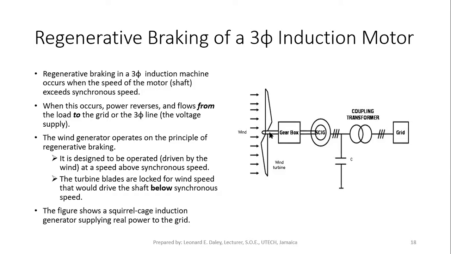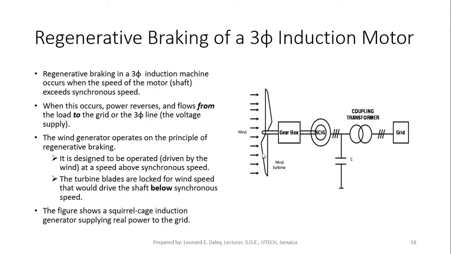Now the wind generator is an induction machine, and it operates basically off the principle of regenerative braking. So it is designed to be operated at a speed above synchronous speed. SCIG is squirrel cage induction generator.